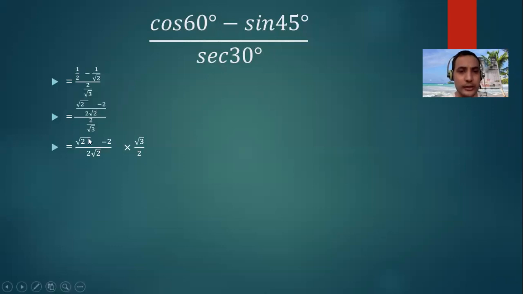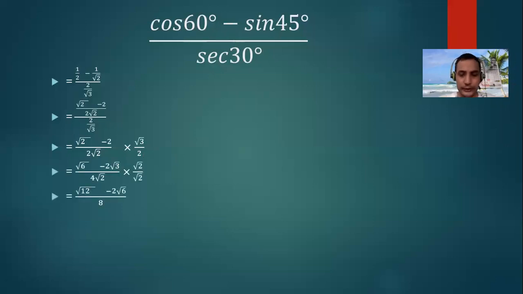So that, students, root 2 minus 2 by 2 root 2 into root 3 by 2, d by c. Then multiply, students: root 3 and root 2 multiplied, that is root 6.